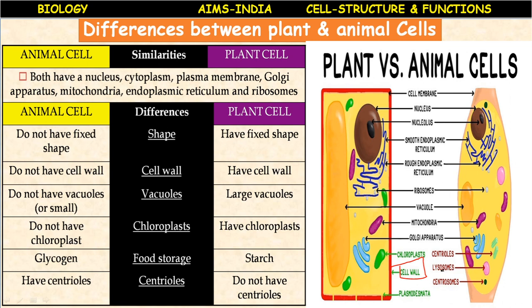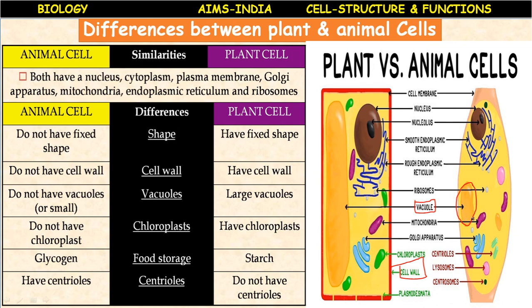Next, vacuoles. The vacuole is another important structure, present in all plant cells, but in animal cells vacuoles are absent. If present, it is in some unicellular organisms, for example amoeba, paramecium, euglena.